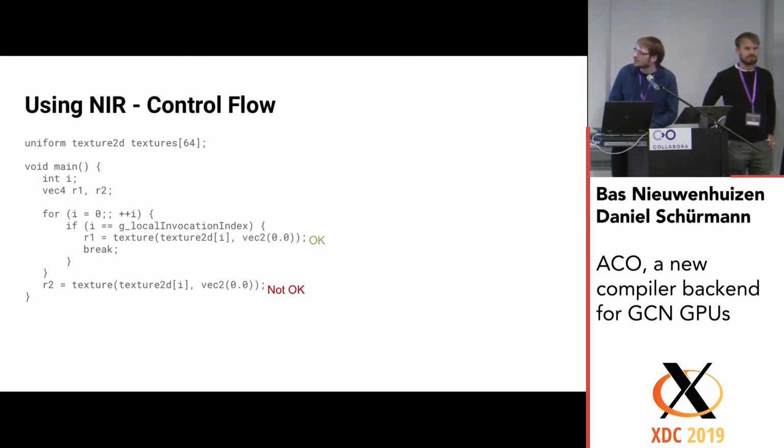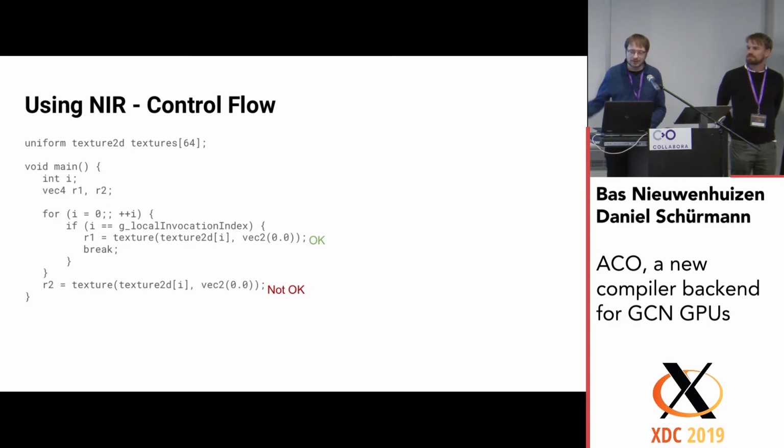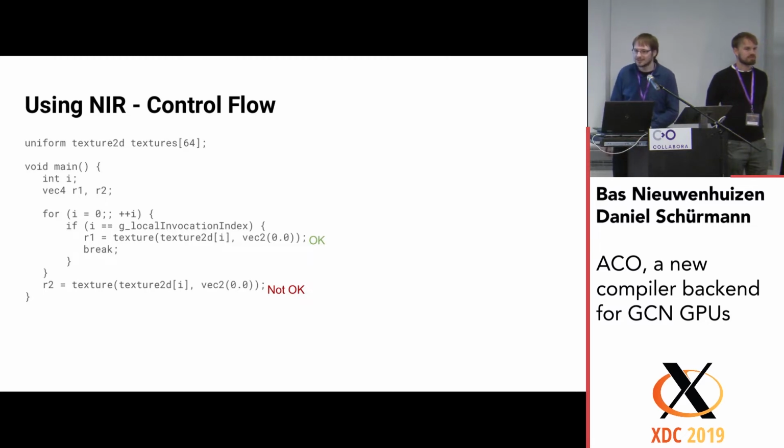I take an example here, which is a short loop, and I do two texture accesses here. One of the big examples where things need to be the same in all lanes is which textures you are going to access, which is the first argument in those texture instructions.